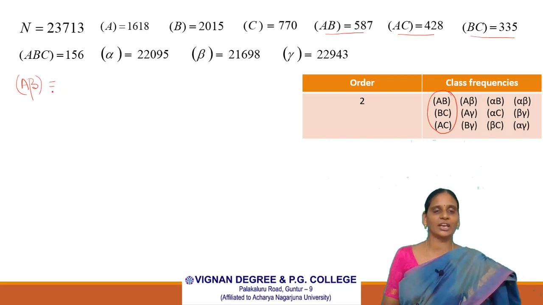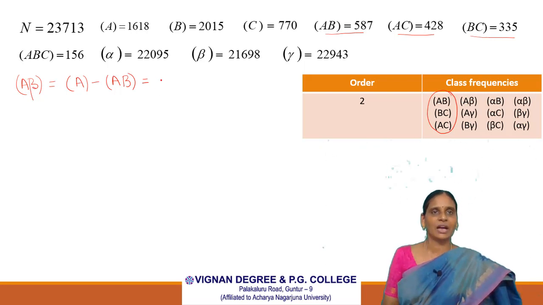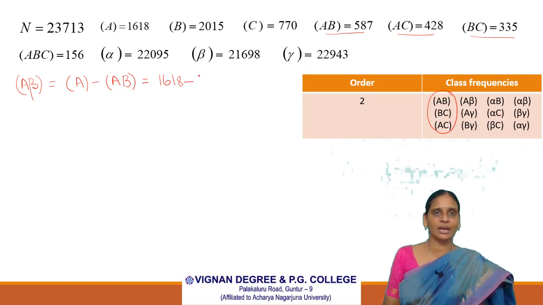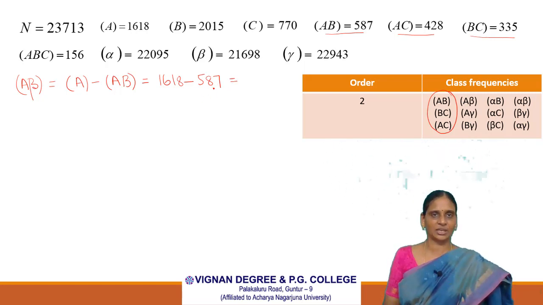So frequency of A beta can be written as frequency of A minus frequency of AB. So the value of frequency of A is 1618 minus frequency of AB value is 587. So after subtraction we get 1031.